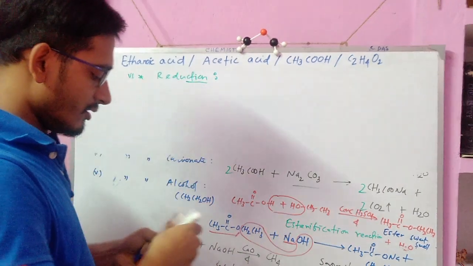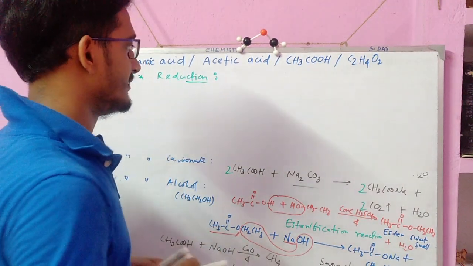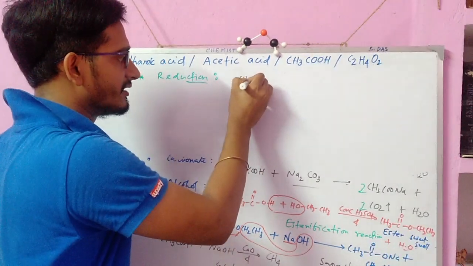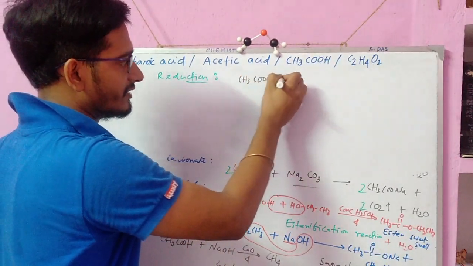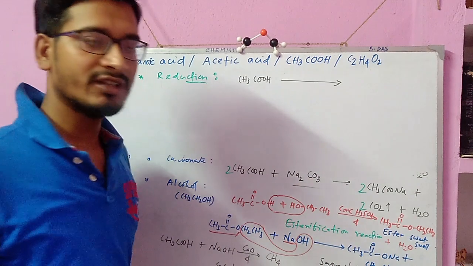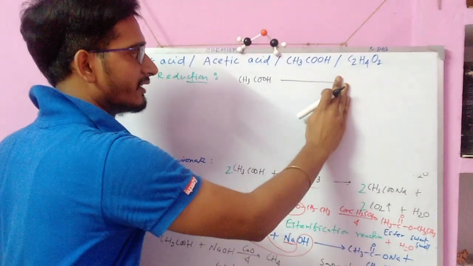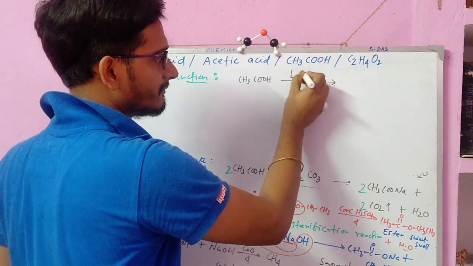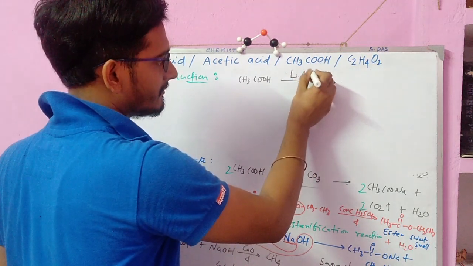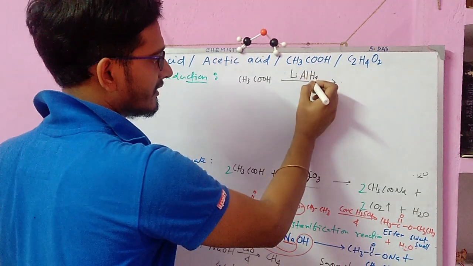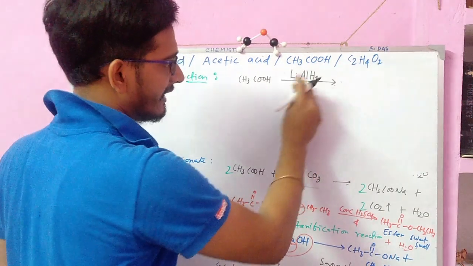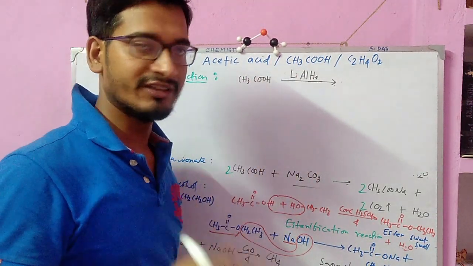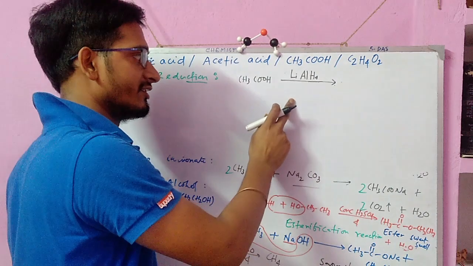What happens when an acid, CH3COOH, is reduced by a reducing agent like lithium aluminium hydride, LiAlH4?